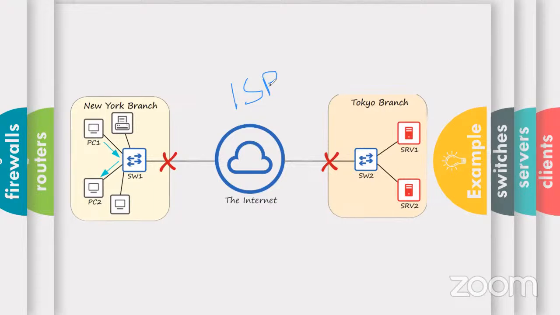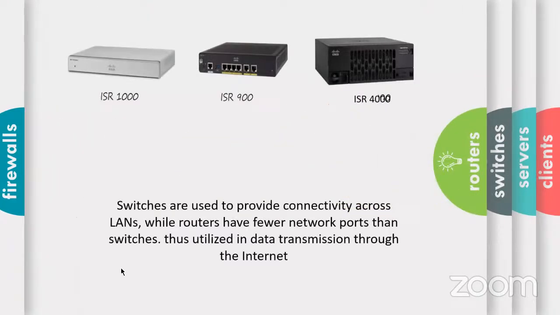There might be many, but you cannot connect to them. Why? Because these devices are only used for LAN switching. Then you might ask me one question: how can we connect these 2 branches? The answer is, that's where the next device comes into the picture, which is routers.